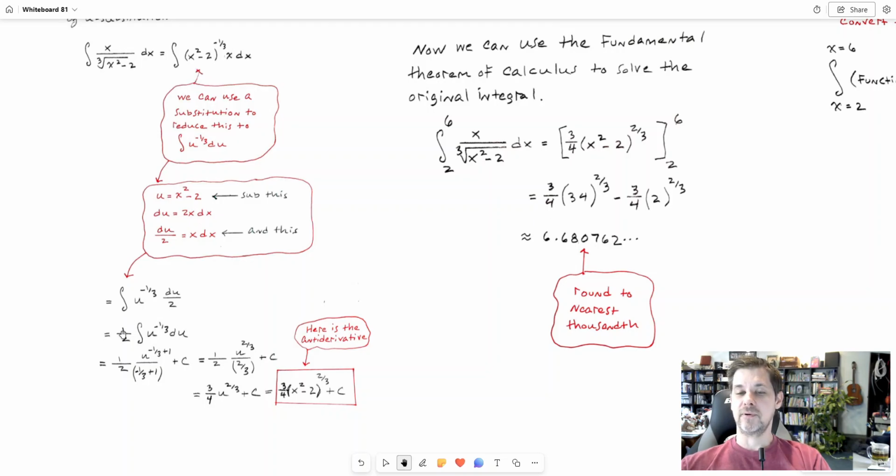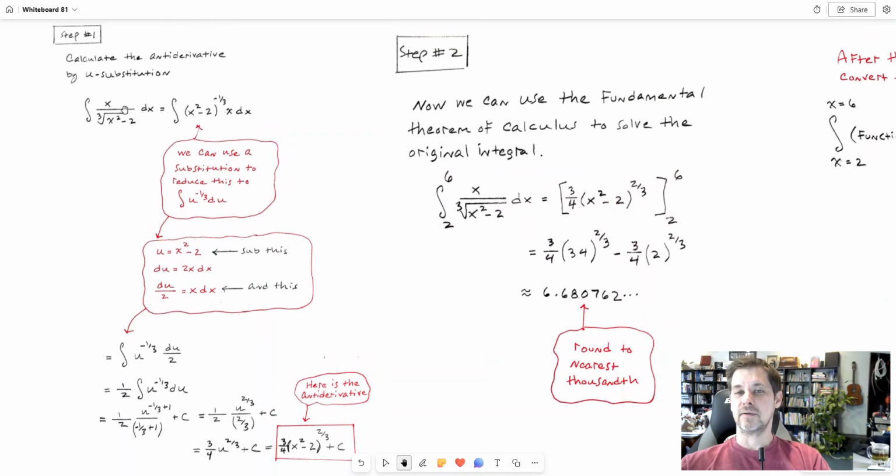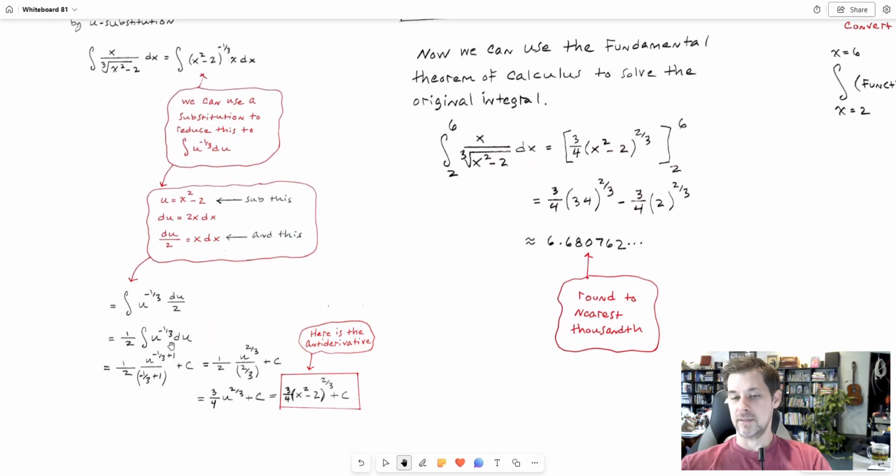The reason I wanted to get to this part is that there's a very basic, straightforward formula for getting the antiderivative of u to the negative 1/3 du. You add 1 to the power and you divide by that same number. It's that simple. So what I start with is something fairly complex, and the substitution makes it about as simple as they get.